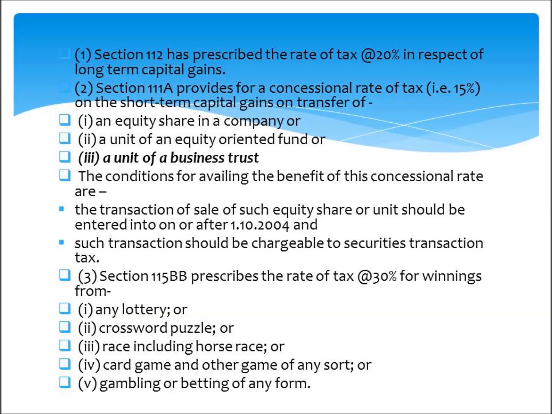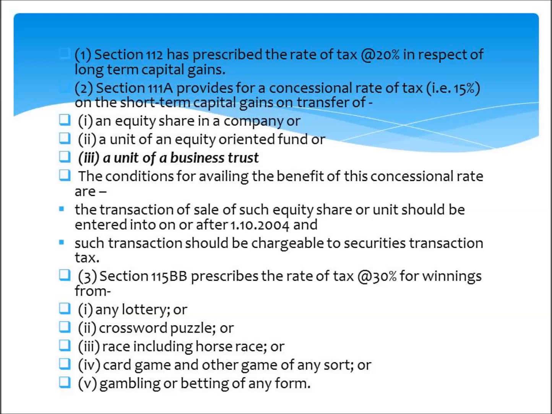We'll discuss it in detail when we cover the chapter on capital gains. But for now, you need to remember that in other types of income, long-term capital gains is taxed at the rate of 20%, as per section 112.